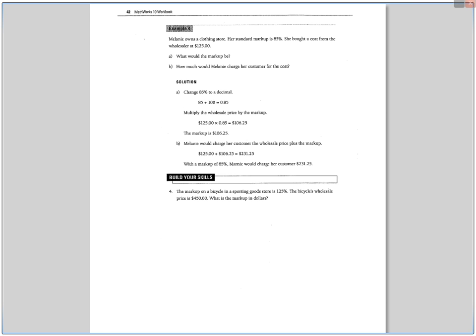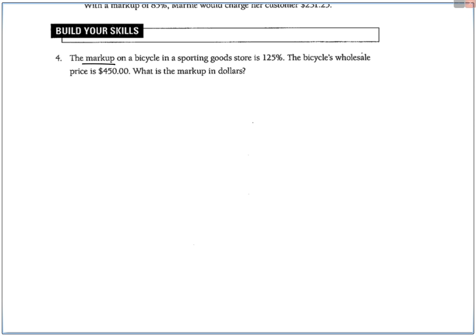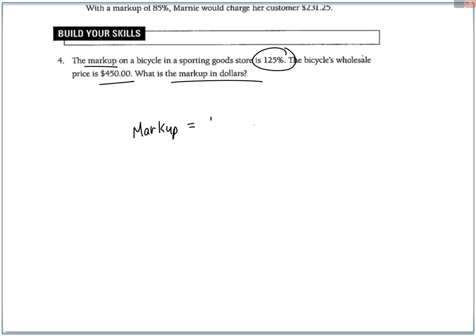Okay, so let's take a look at Builder Skills 4. It says the markup on a bicycle is 125%. And the bicycle's wholesale price is $450. So what is the markup? Okay, so the markup will be the markup percentage of the wholesale price.